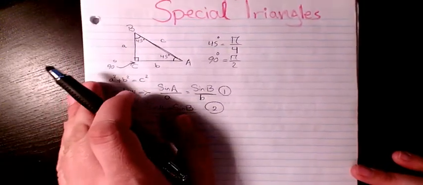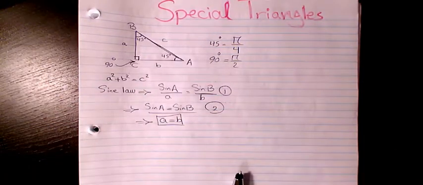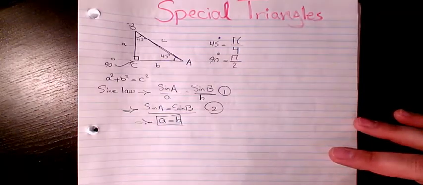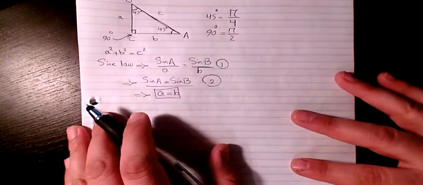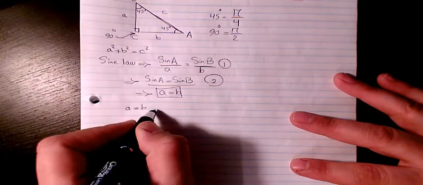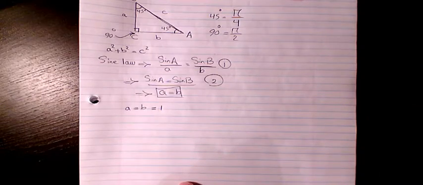So again, to review it, if we have two equal angles in a right triangle, these two sides have to be equal to each other. So A equals B, and it can be equal to 1 if we want. We consider it as 1.